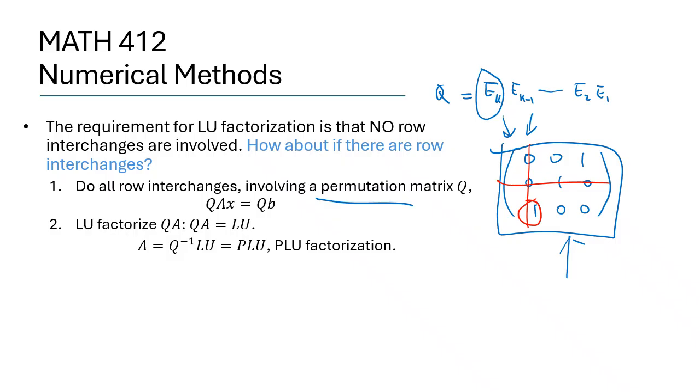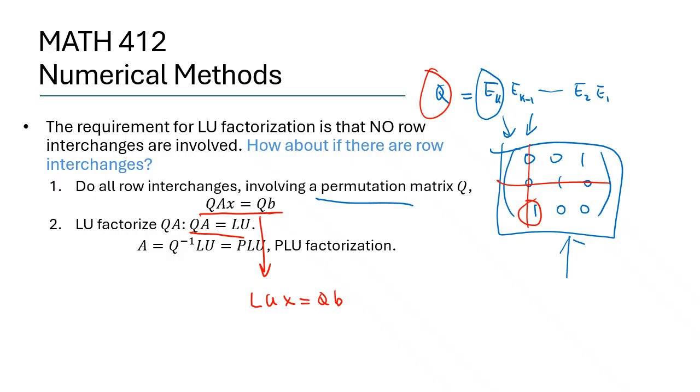So if we have a system AX equals B, we multiply each side by such a permutation matrix Q. Now we can do LU factorization on QA, because after that no row interchanges are needed. So this system will be LUX equals QB.